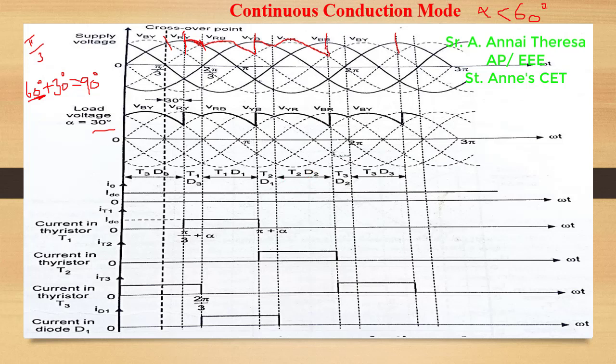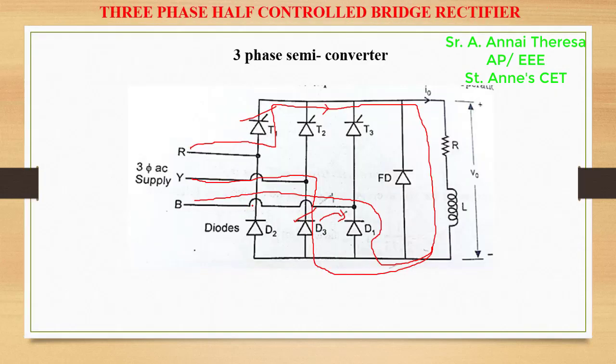Then again, what is the maximum here? BR. BR means B is connected to the thyristor T3, and the path will be T3 and D2, since R is connected to D2, which is already conducting. So BR means T3 and D2.